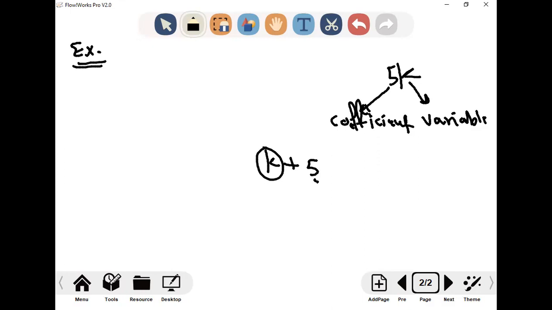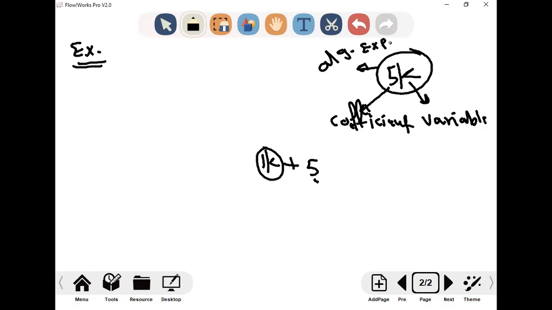In this case, what is the coefficient of the variable? 1, right? But we don't write 1 as a coefficient. 5 alone is the coefficient, K alone is the variable. 5K together, we call it algebraic expression.